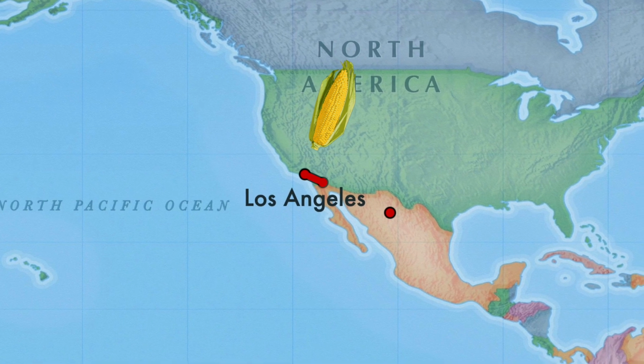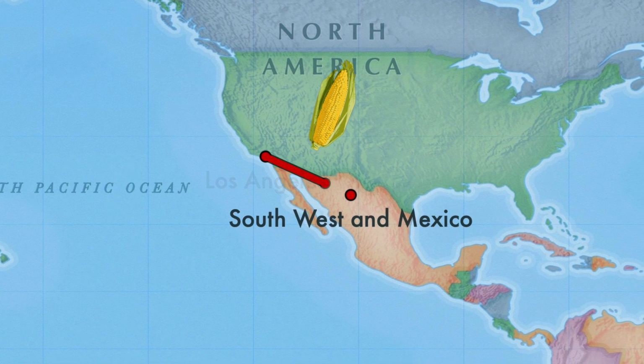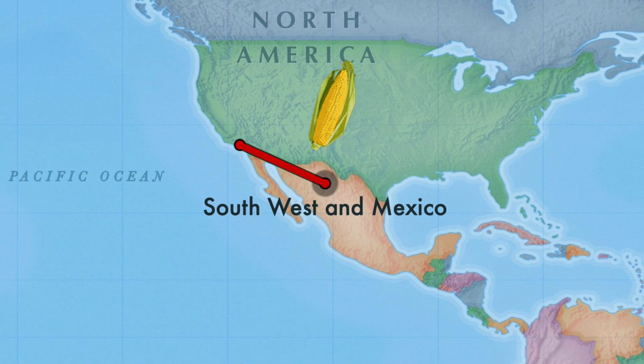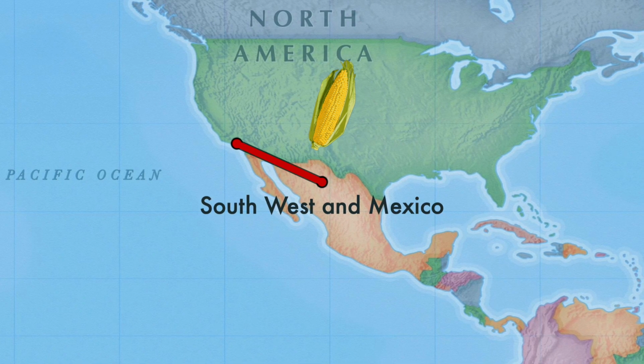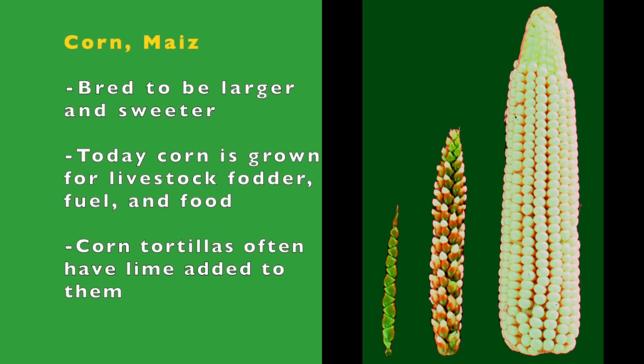So here on this map, we can see that corn was native to the Southwest and to Mexico, so pretty close by. Corn originally was much smaller than it is today, so you can see that in this photo, but over the years it's been bred to be much larger and sweeter.